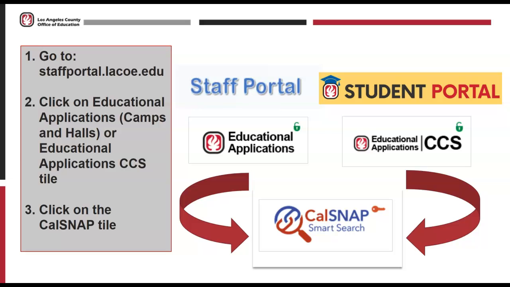The first thing you need to do is to log in to the staff portal. If you are a student, you will log into the student portal. And teachers, you will direct your students to enter by going to the student portal and logging in. When you log into the portal, first you're going to click on the tile that says CalSNAP.